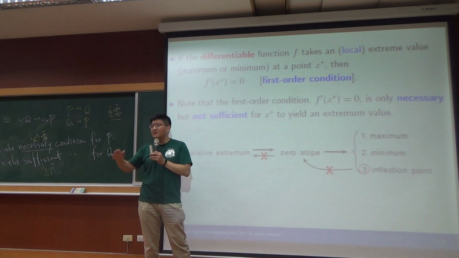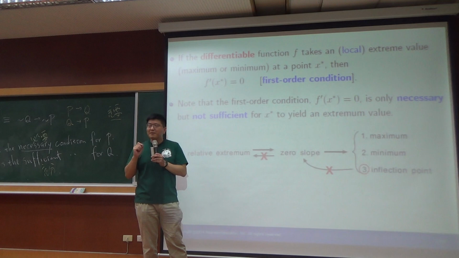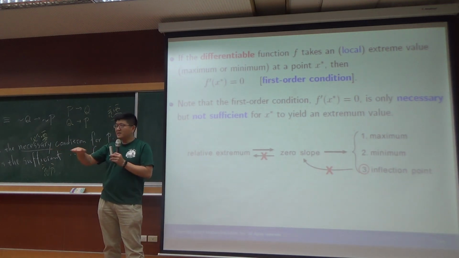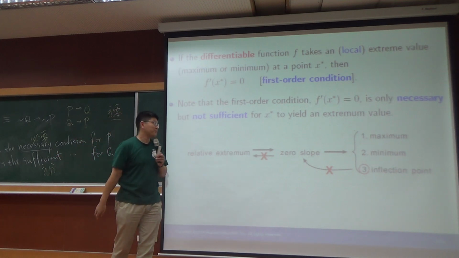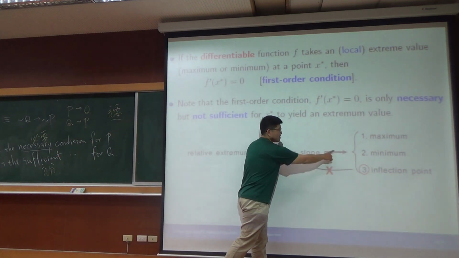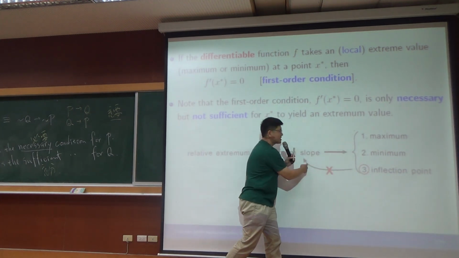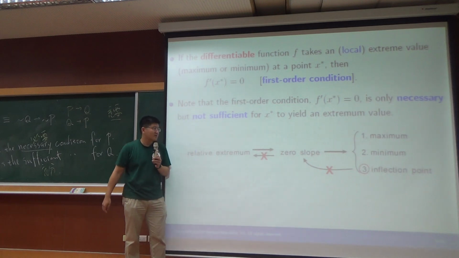So some inflection points have a slope of 0, but some may be positive or negative. So this relationship is okay, but in this direction, it is not.